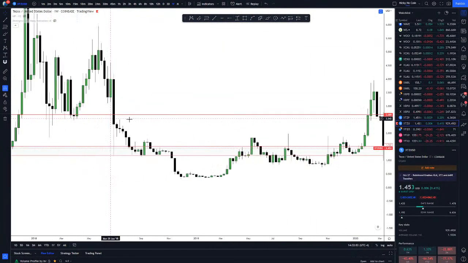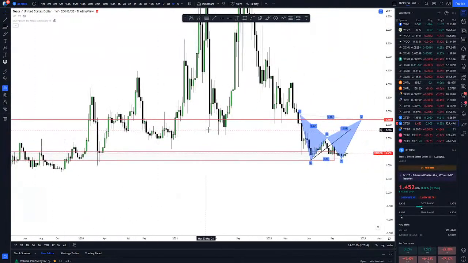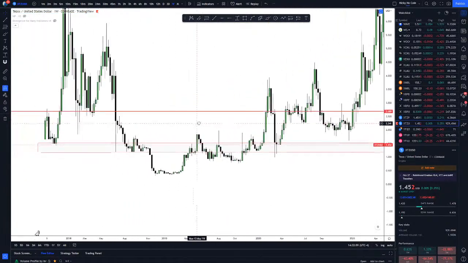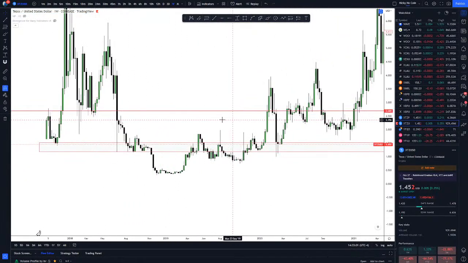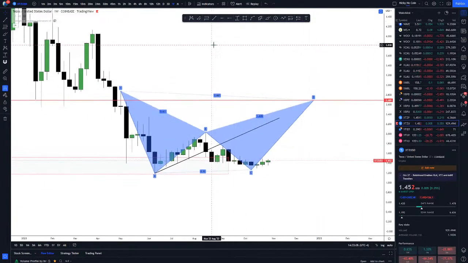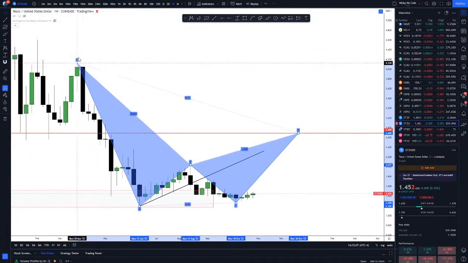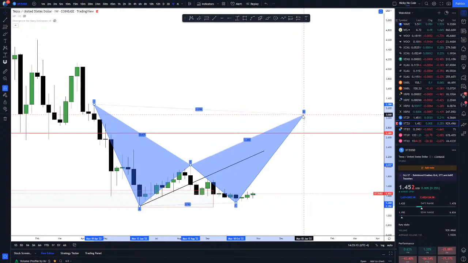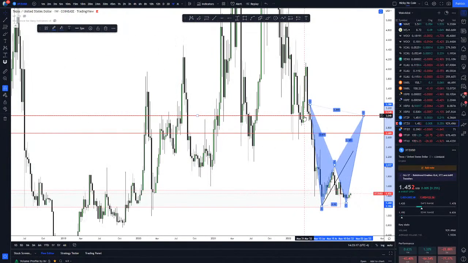It is. So that harmonic lines up perfectly with like a pretty significant weekly level. And this might take a ton of time, right? I just want to mark it out for myself too if I'm ever trading.